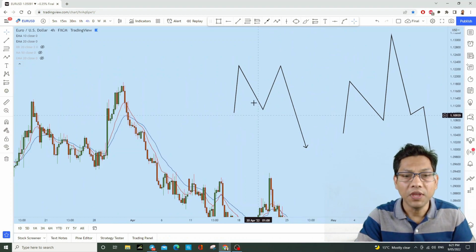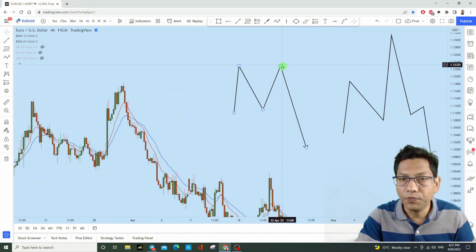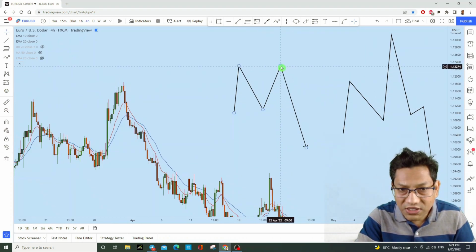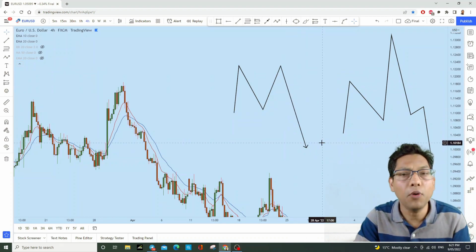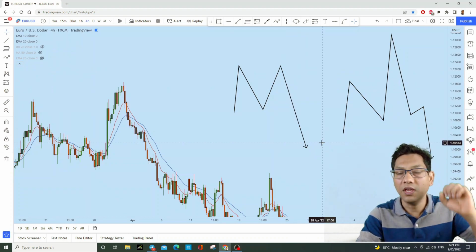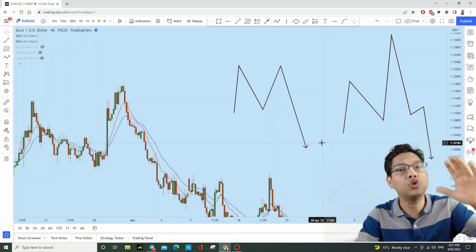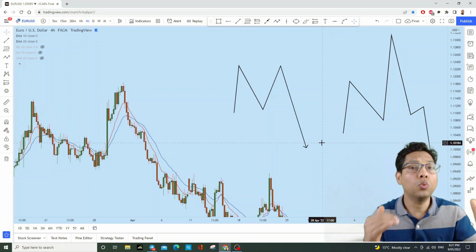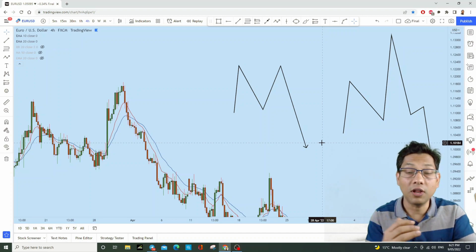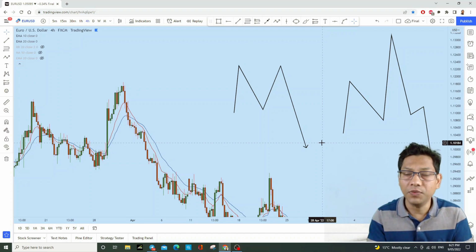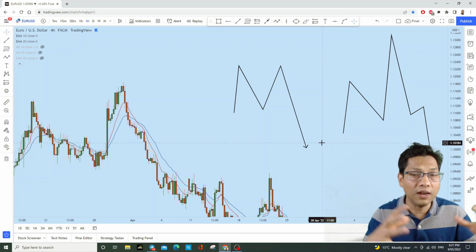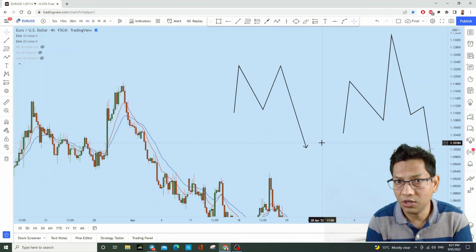Let's say you found a double top, and the price broke down. Once the price broke down, if you jump on a trade, it's not a good idea. You need to find the right location to place the pending order, because when you place the pending order in the right place, only then can you find a good risk to reward ratio in your trade.